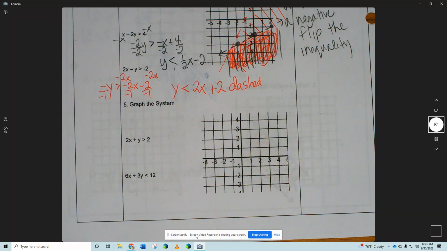Change it to y first. Nope, when you divide by a positive, the sign does nothing. Only when you divide both sides by a negative number, like the number in front of y. It's negative. You're going to flip the inequality.